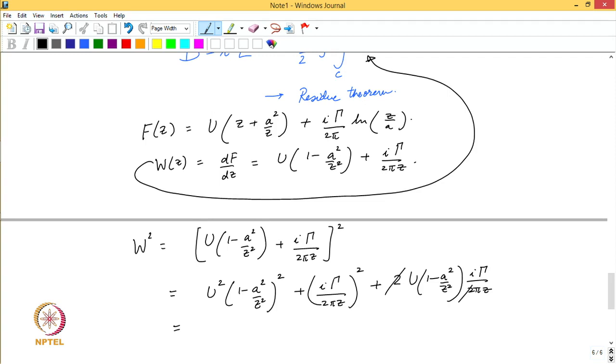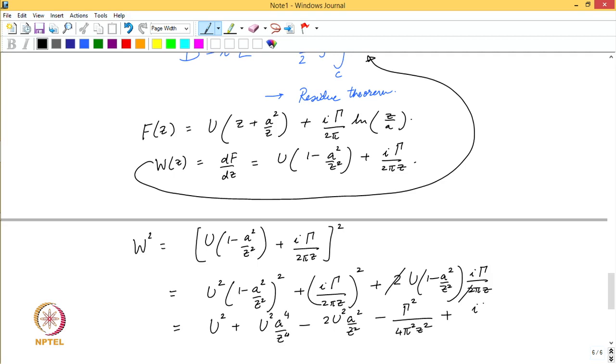We will get u square plus u square a 4 by z 4 minus 2 u square a square by z square. The second term, iota square will become minus 1, so we will have minus gamma square by 4 pi square z square, and this last one will give you imaginary terms.